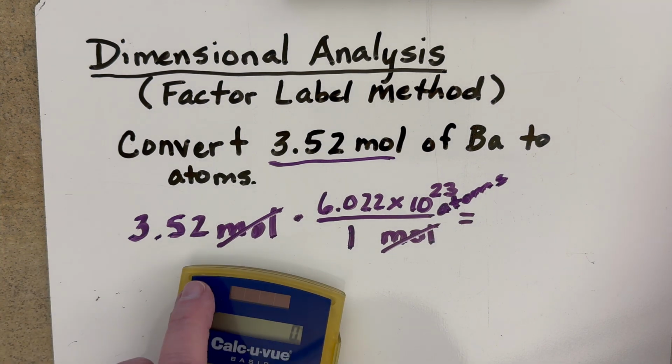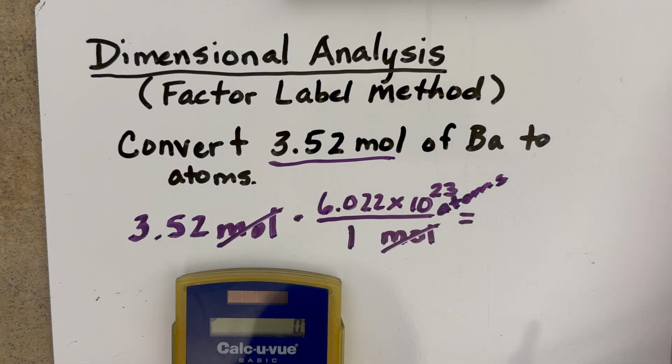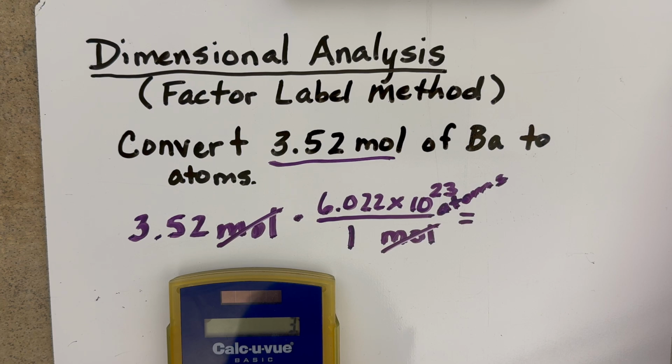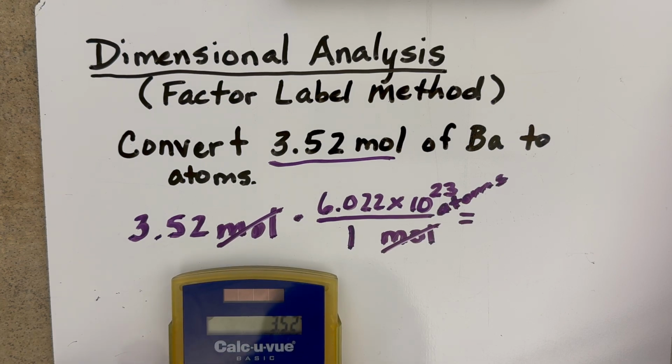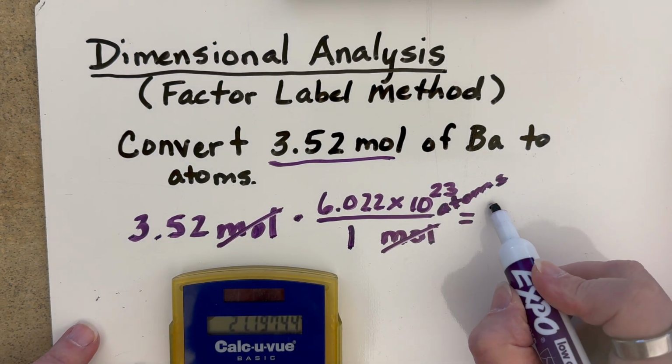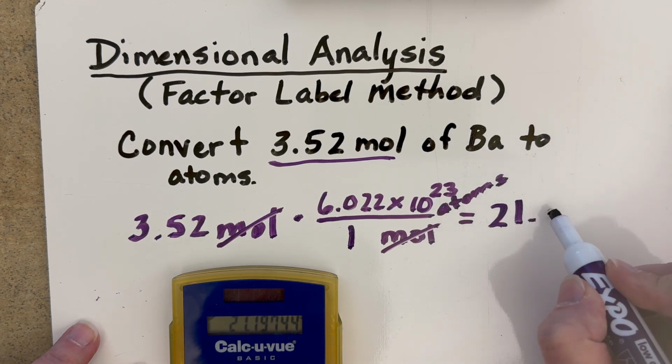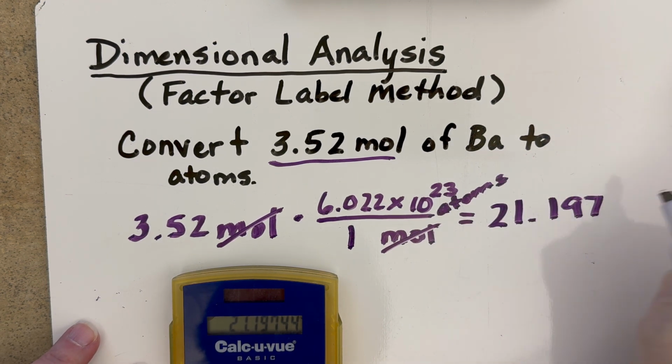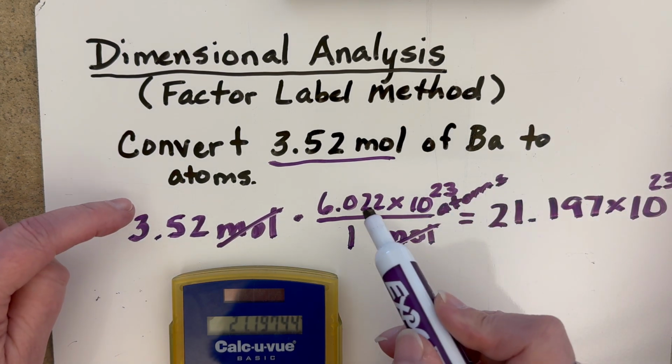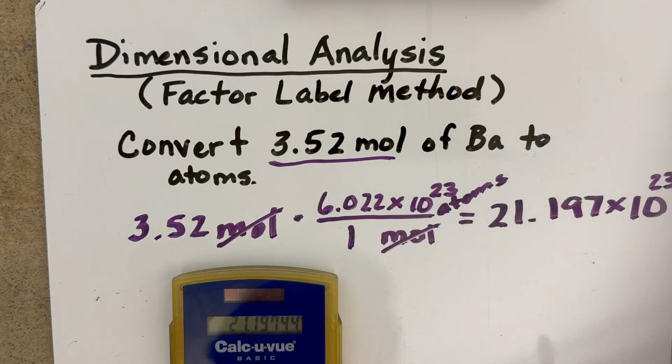My calculator seems to have disappeared, so I'm going to have to use this solar one. So 3.52 times 6.022 is 21.197 times 10 to the 23rd, because we got to not forget this part. So I multiply these two numbers, and then I have that part.